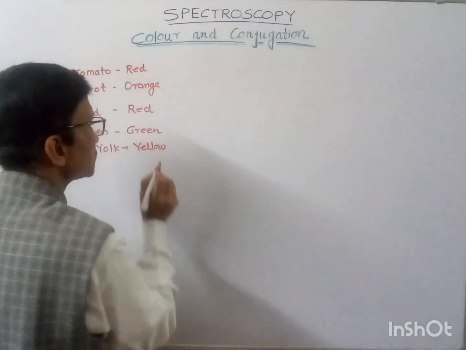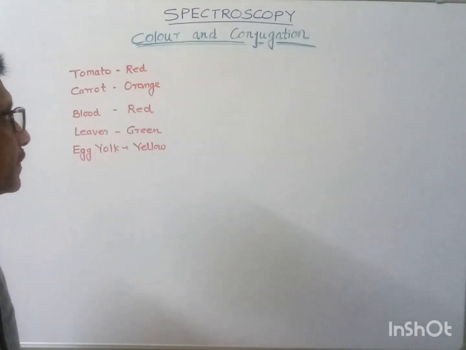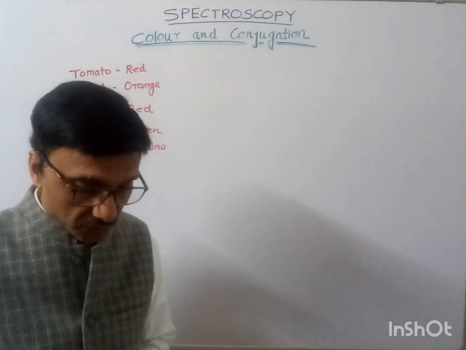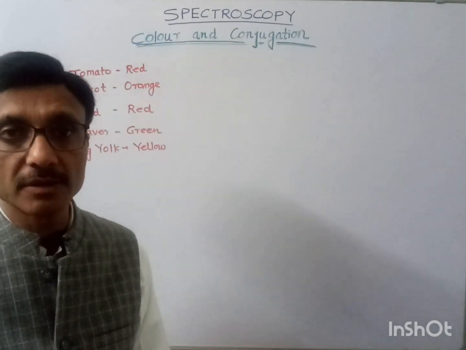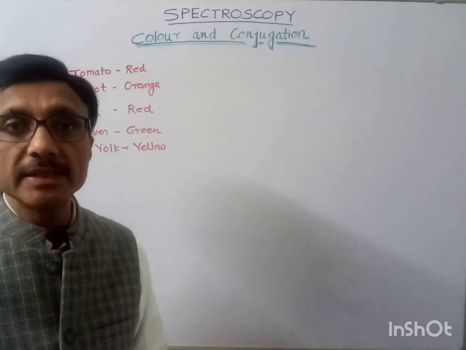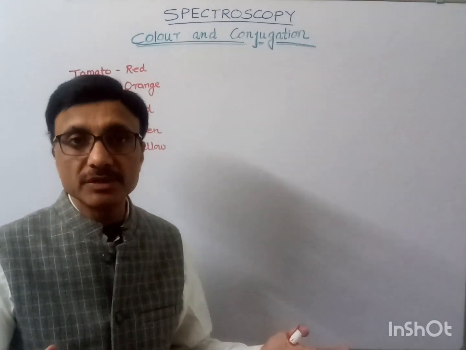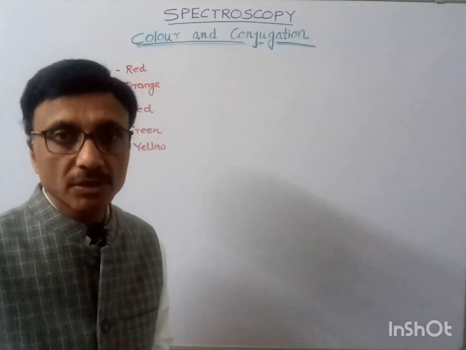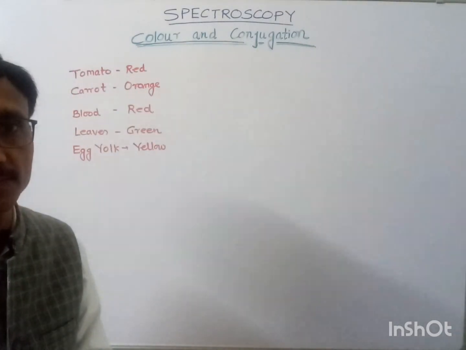So why are these substances colored? Whereas if you have seen natural rubber, it is milky white in color. So why is the rubber not colored, whereas these are colored?